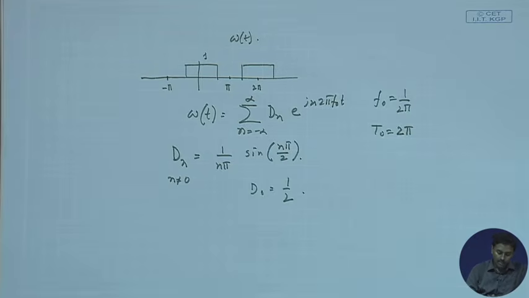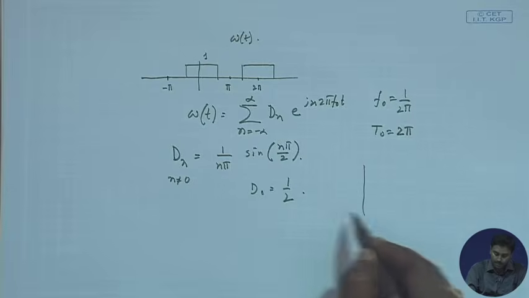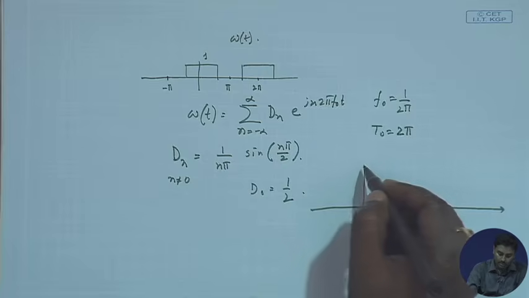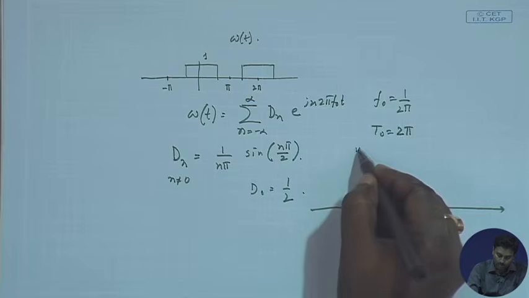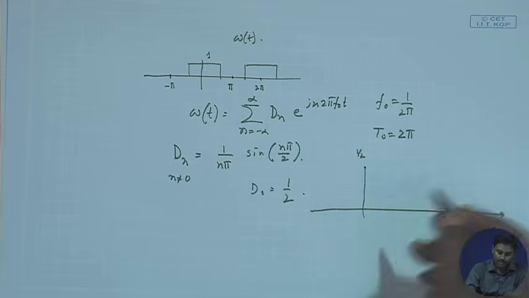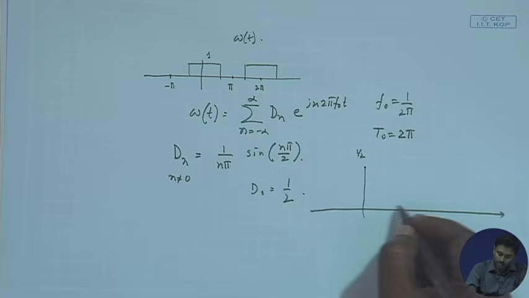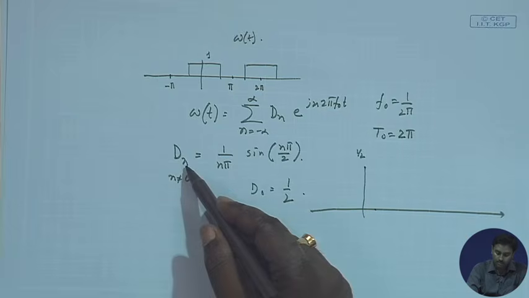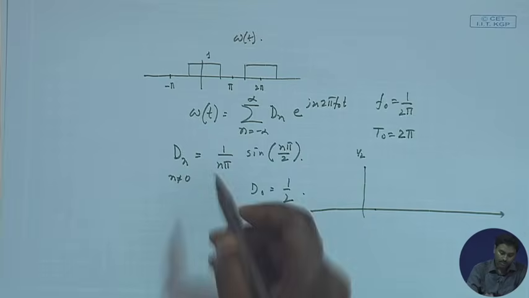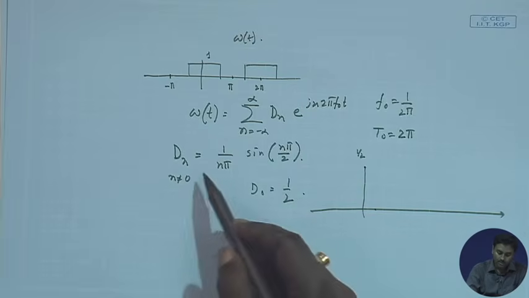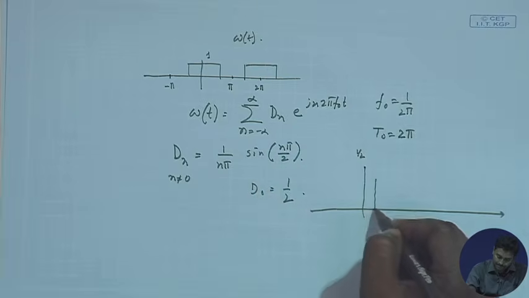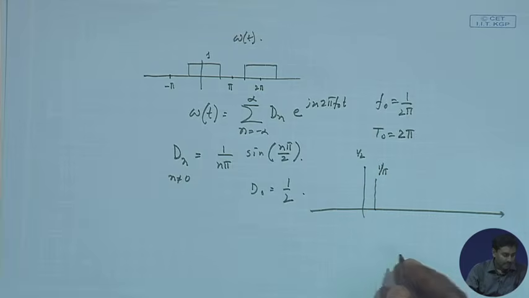So, eventually what we have got is something like this, a spectrum which was defined in the frequency domain. So, it was having a value of half, or 0.5, at 0, then at every f0, 2 f0, 3 f0 there are values. So, at f0, that is frequency component 1, so that is n equal to 1, if you just put this, you get 1 by pi and so on.